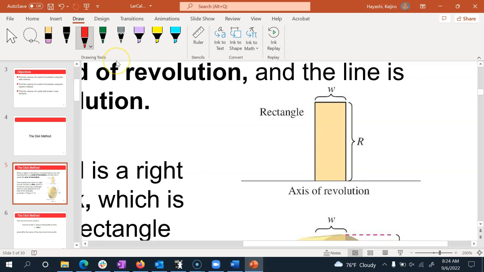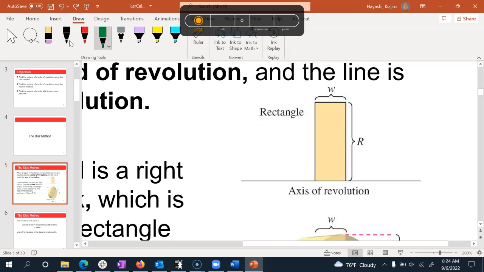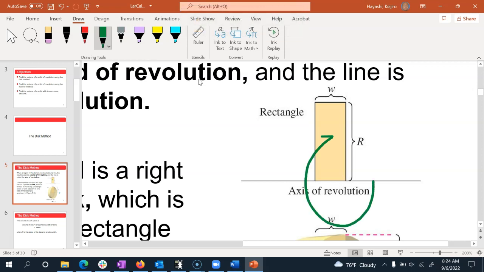But imagine you could pop this out into 3D and sweep it around the axis of revolution, so that it left a trace of itself the whole way through.